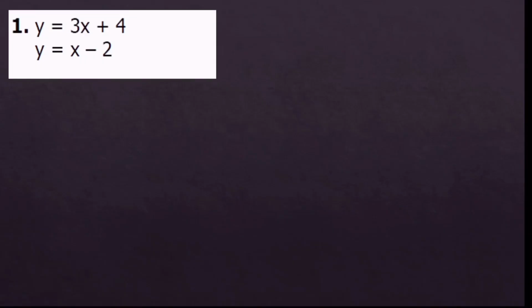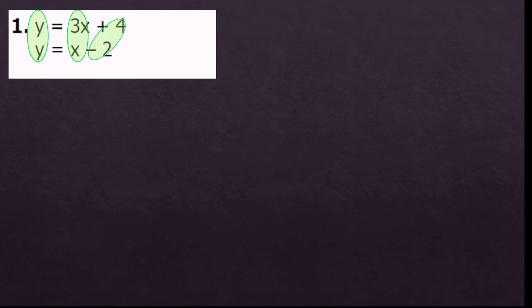Okay. So our first step is to make sure that they are lined up. If we take a look, my y's are both to the left and on top of each other. My x's are both to the right and lined up, one on top of the other. Even though this is kind of a diagonal, they're lined up. They're in the same position. Okay?